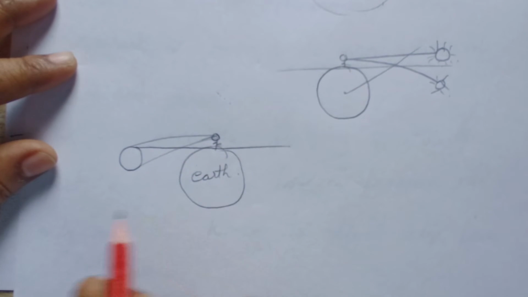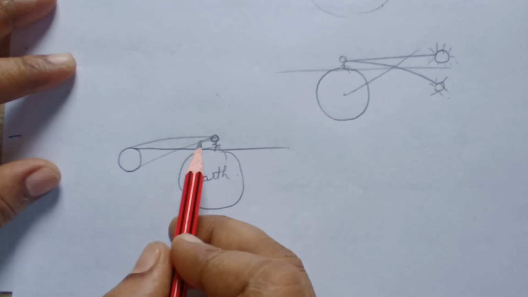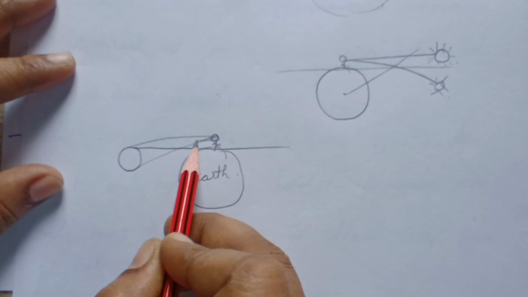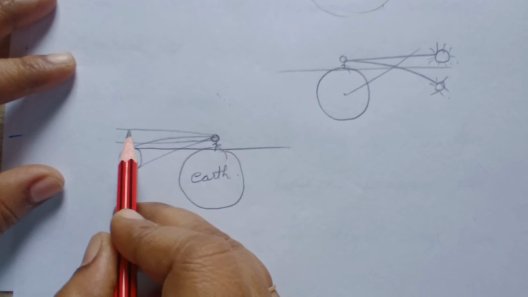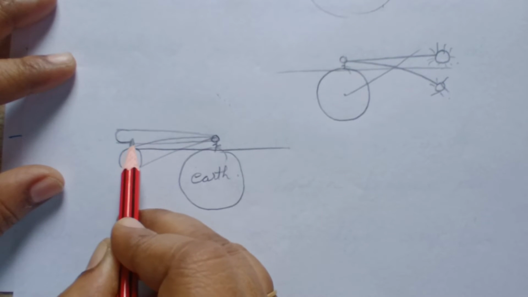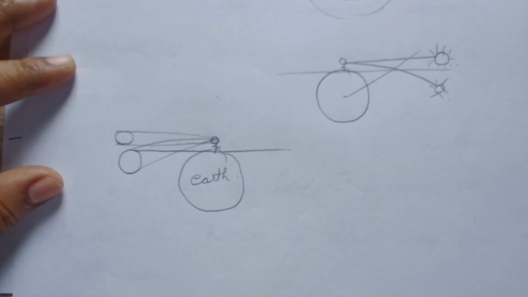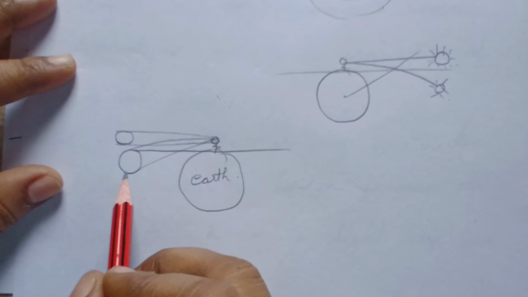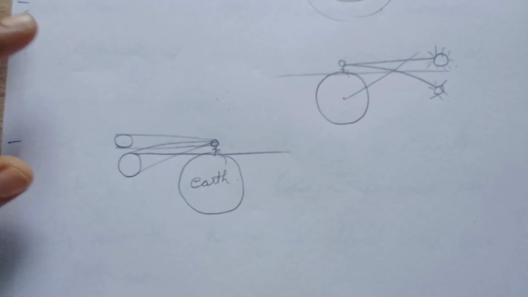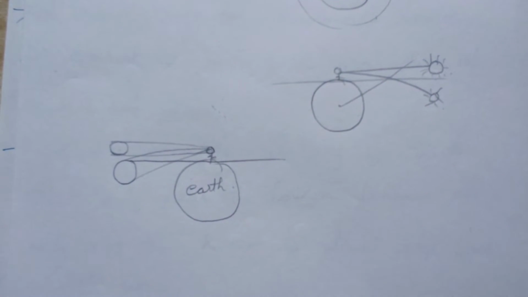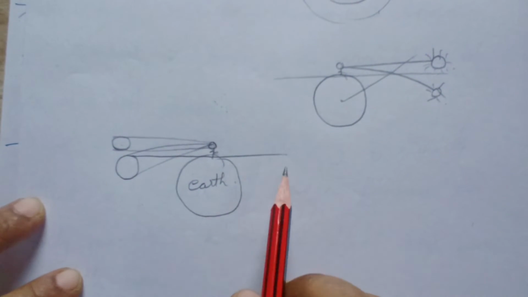But actually the light rays will not bend, right? So for you it appears to be like this. That's why it gets flattened. Clear on this? Flattening of the sun disk is also due to the atmospheric refraction. Clear on this? In the place of sunset and the sunrise.